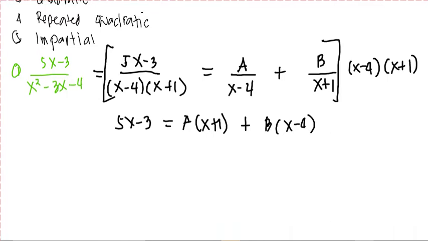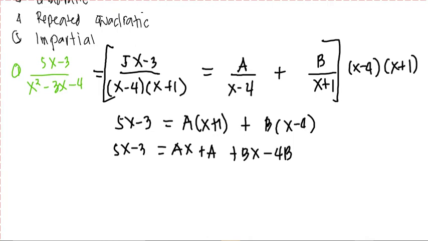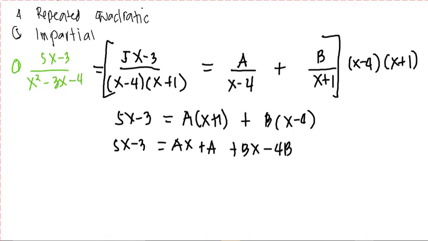So let's simplify. We will have 5x minus 3 is equal to Ax plus A plus Bx minus 4B. So that is our equation.